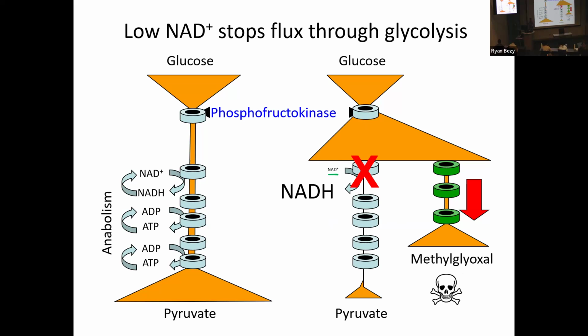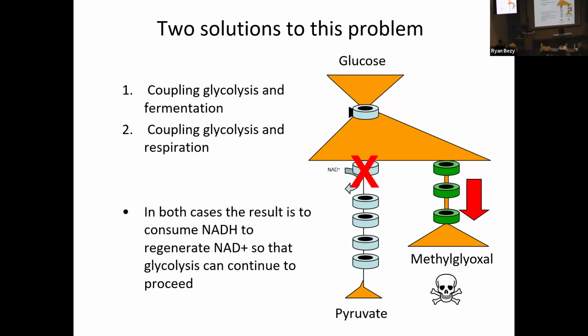So the cell needs a way to solve this problem. One of the ways to solve the problem is let's use up NADH in some anabolic reactions. Anabolic reactions will use up some NADH, but not fast enough. They don't use up the NADH quickly enough, so the cell needs other solutions.